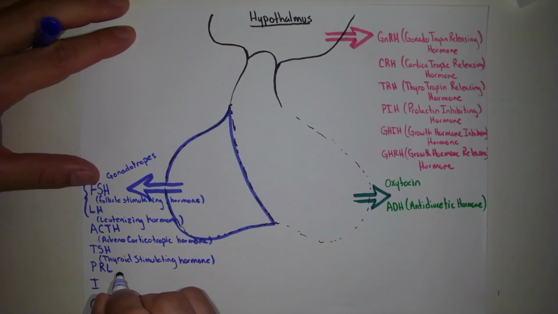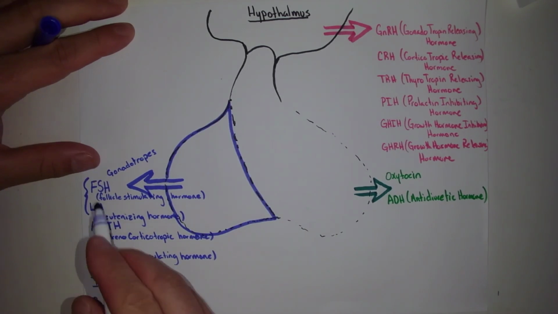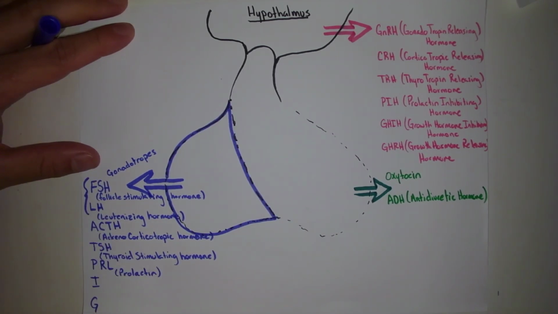PRL, which is prolactin. Using this acronym, FLAT-PIG, I just need to remember that there's no I. So I say FLAT-PIG, but there's no I in pig. And then growth hormone.